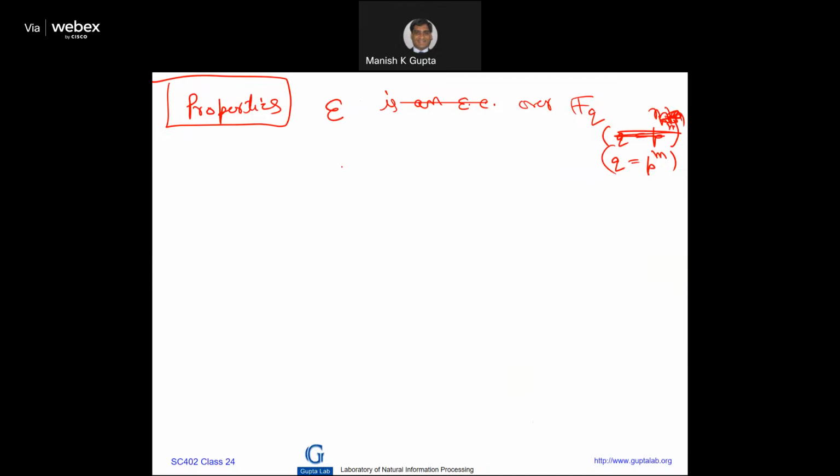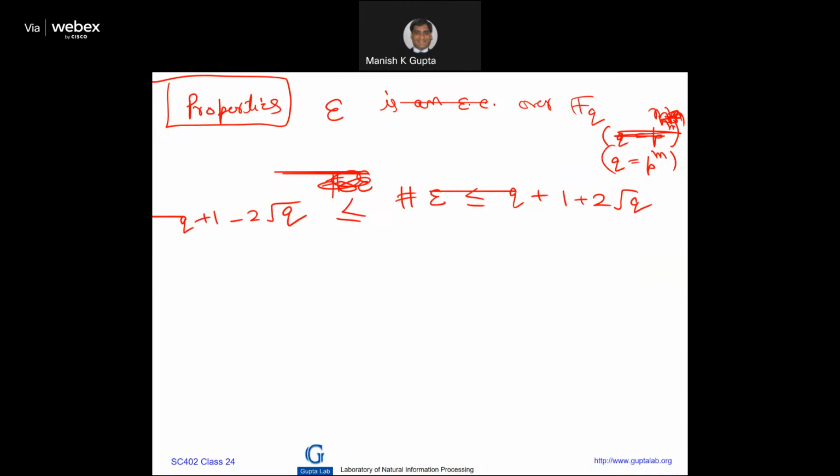Then the number of points on this curve lies between q plus 1 plus 2 times root q as the upper bound, and q plus 1 minus 2 times root q as the lower bound. This is the famous Hasse bound: the number of points is upper bounded by this and lower bounded by this.